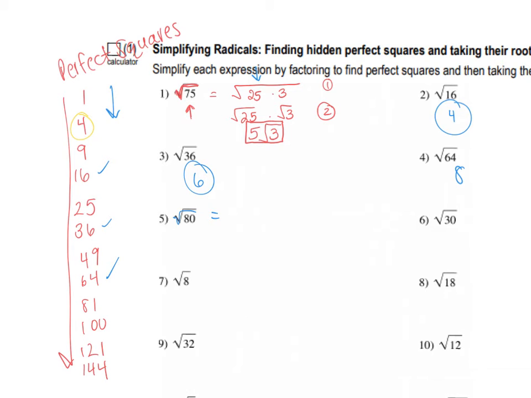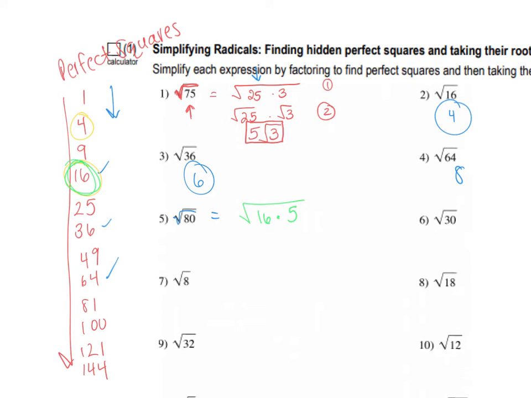But I also want to see if it's divisible by anything else. In my head, or on a calculator, I also know that 80 is also divisible by 16, okay? 16 is bigger than 4, so I'm going to use 16, okay? And I know that 16 times 5 gives me 80.